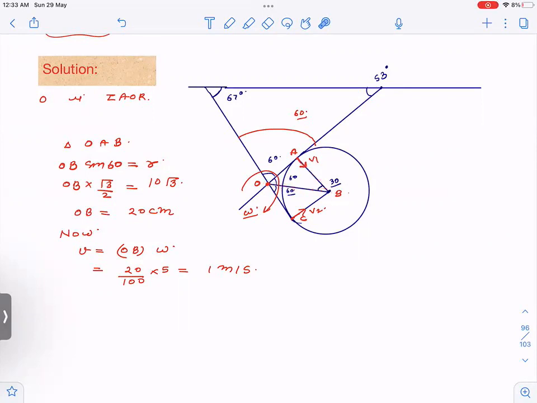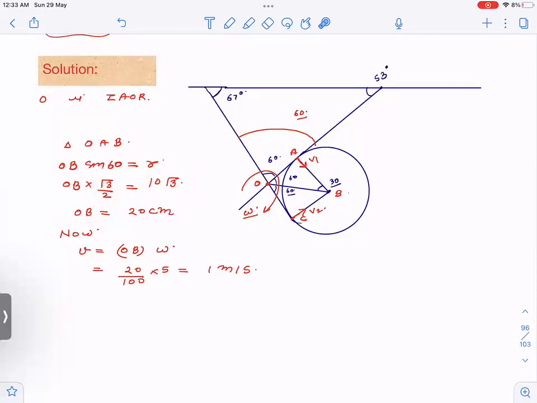Consider this right angle triangle OAB, where O is the instantaneous axis of rotation. If you have understood, you can solve this by yourself also. It's very easy now. In triangle OAB, this is OB, which is what we need to find out. OB sine 60, this is cos 60, this is sine 60, is actually the radius. So OB sine 60 is the radius. The radius is 10 root 3, so I put sine 60 and then found OB.